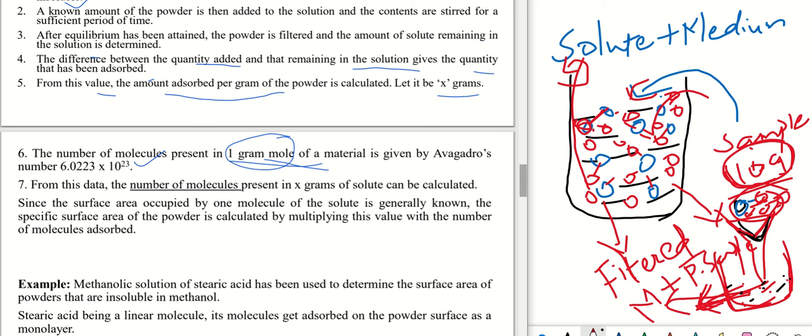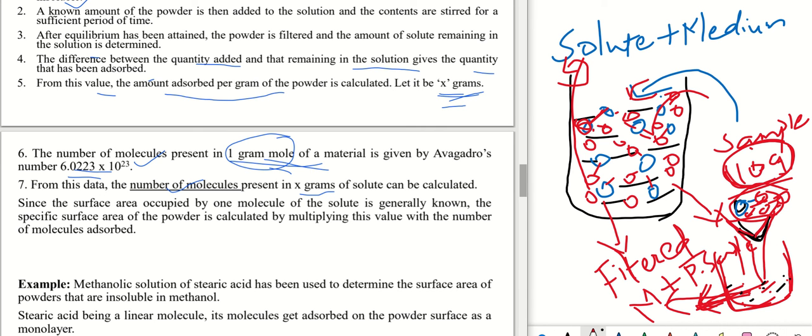Now we need to interpret the data with the help of Avogadro's number and this x grams. From this data we will be able to get the number of molecules present in x grams, because 1 gram mole consists of this many molecules.